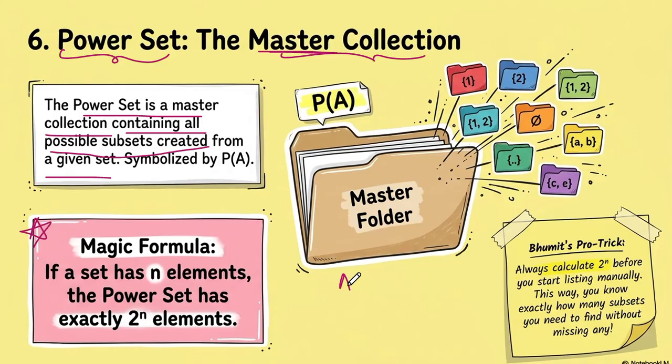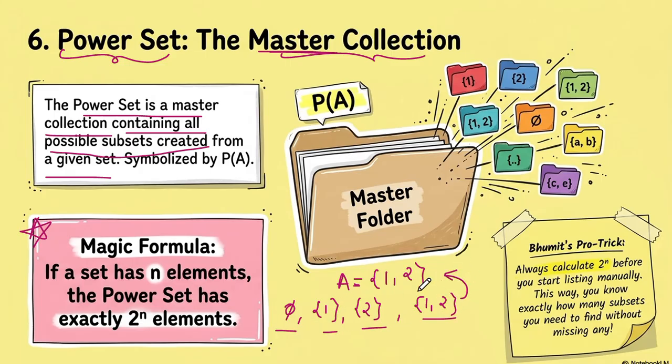For example, let's say A is {1, 2}. So what are the possible subsets? Just now we have seen the possible subsets of A are the empty set, singleton set {1}, singleton set {2}, and the full set {1, 2}. These are the four parts of this set A.